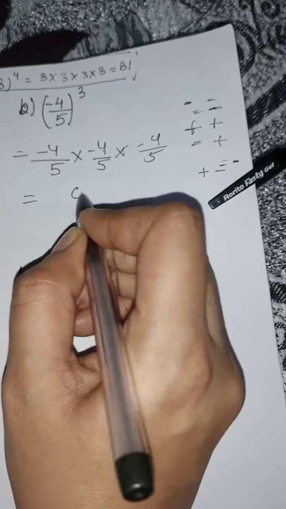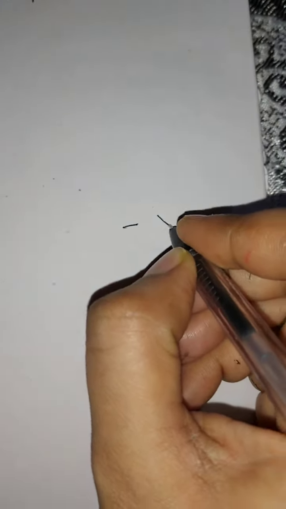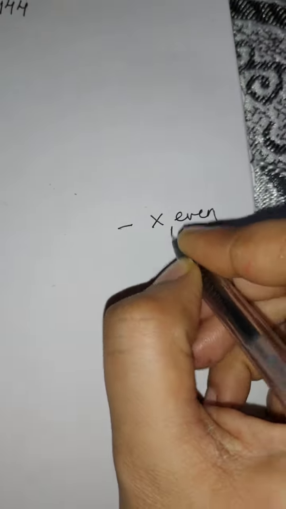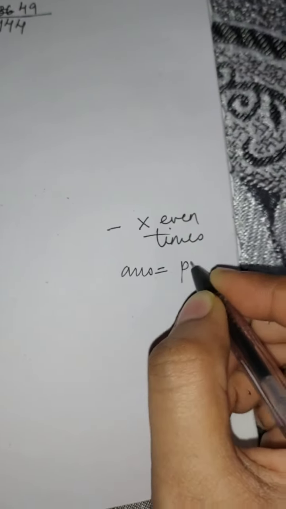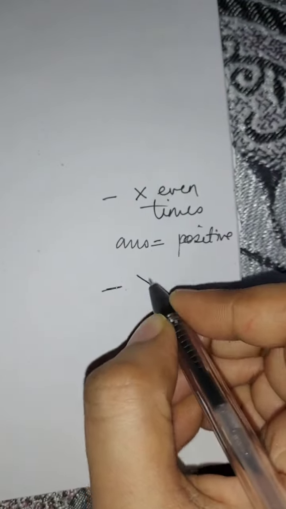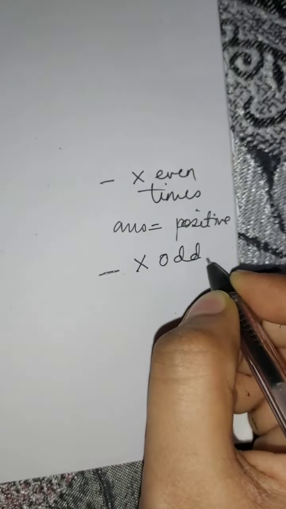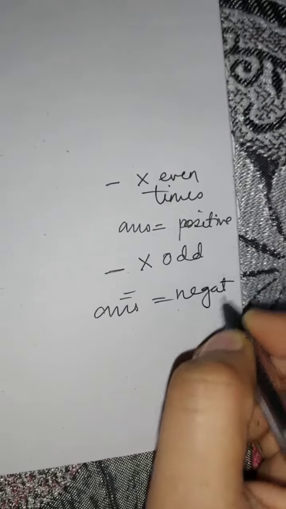But we have a minus sign on the top. Remember, if a minus sign is multiplied an even number of times, the answer will be positive. If it is multiplied an odd number of times, the answer will be negative.